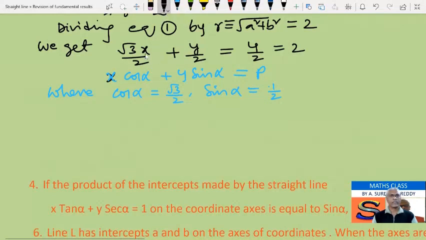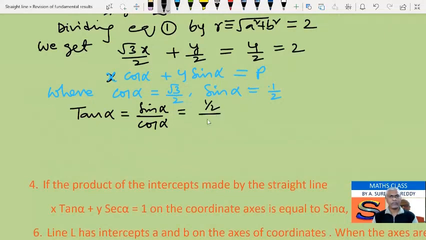So next to x is cos alpha, and next to y is sin alpha, that is 1 by 2. So from this we can calculate the angle. Tan alpha is equal to sin alpha by cos alpha, that is 1 by 2 by root 3 by 2, 2 will get cancelled, 1 by root 3.